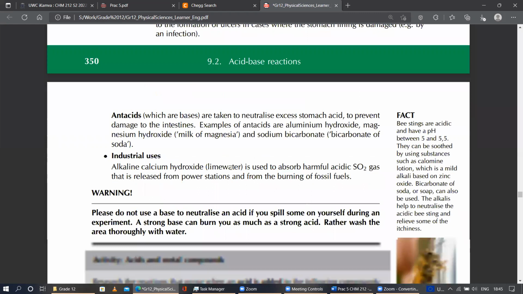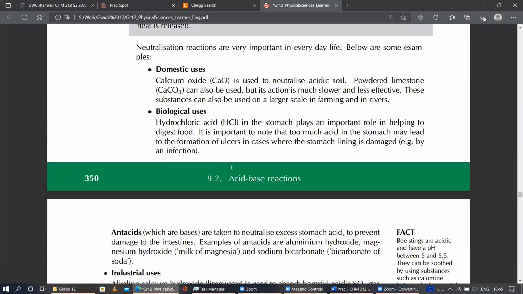So here they're just telling you about how acid-base neutralization is used in our daily lives. They say it's used domestically, biologically, and in industry, such as antacids.